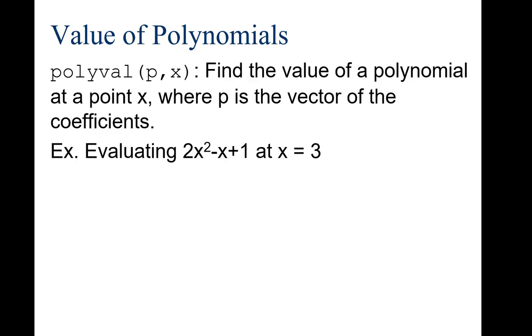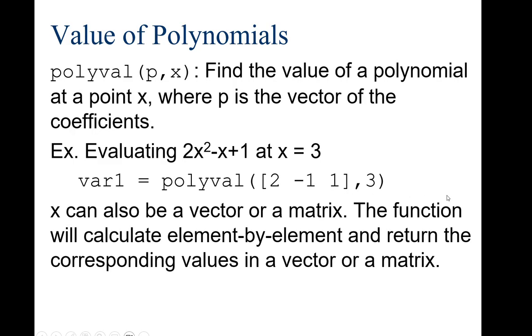For example, if we had 2x squared minus x plus 1, and we wanted to evaluate it at x equals 3, we would simply type polyval. Input 1 would be an array of the coefficients, which is 2, minus 1, and 1. And where we want to evaluate it is the second input, 3.